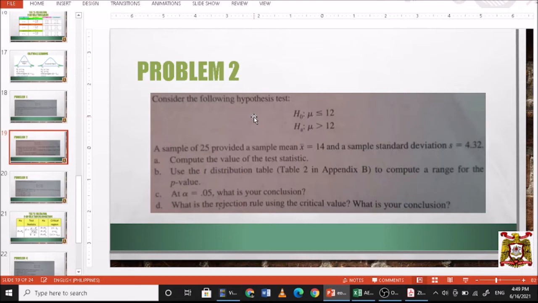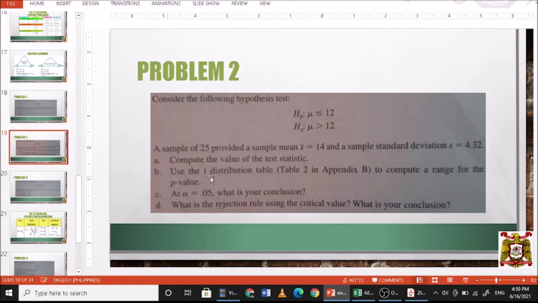So consider the following hypothesis test. The null hypothesis is that the population mean is less than or equal to 12, and the alternative hypothesis is that mu is greater than 12. A sample of 25 provided a sample mean equal to 14 and a sample standard deviation S equal to 4.32. Compute the value of the test statistic.